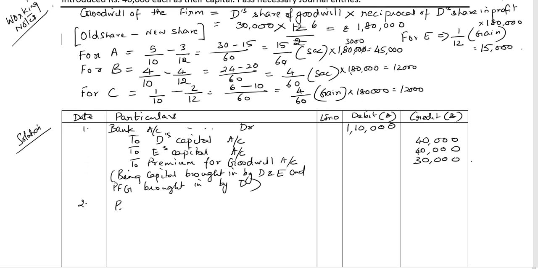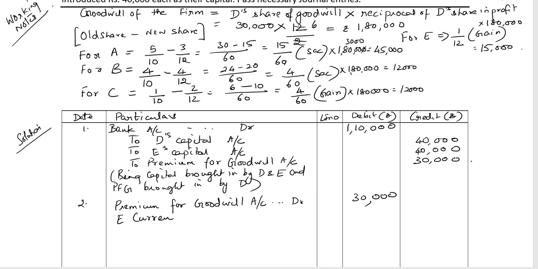We'll debit the premium for goodwill. This is a premium for goodwill which is brought in by partner D. E does not bring in premium for goodwill, so we'll need to debit his current account since he is a new partner.